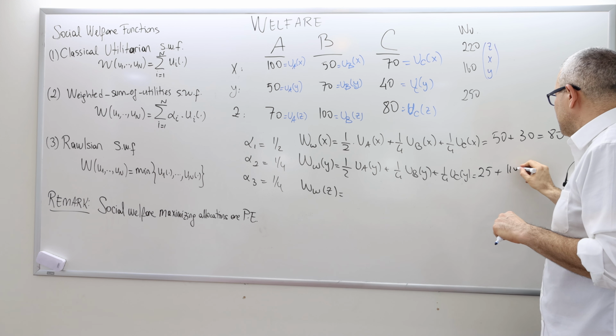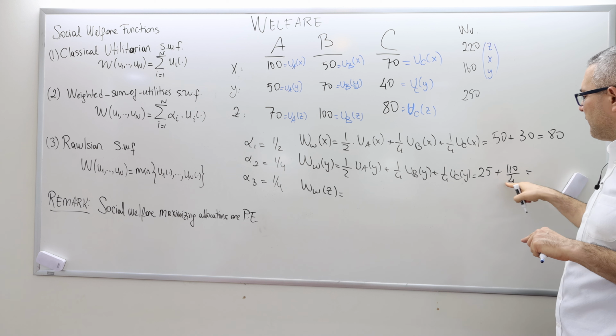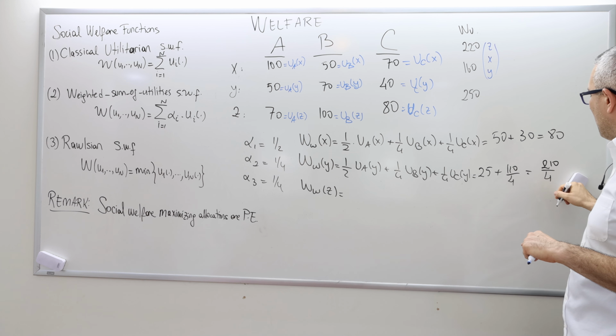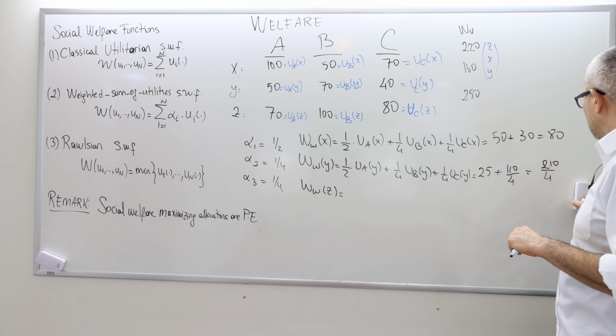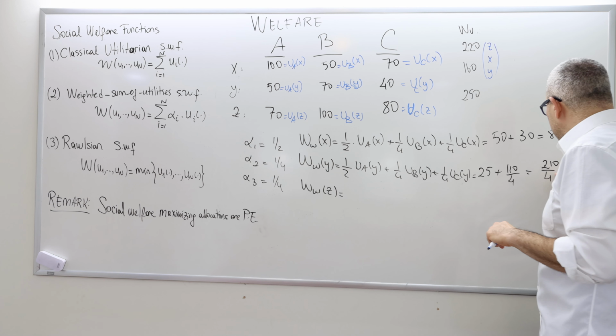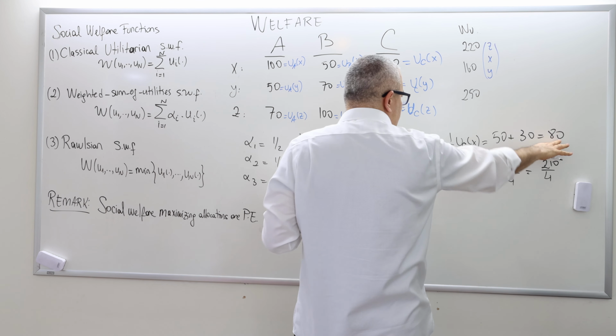Well, let's leave it as such. So if you add them up, this is 25 times 4, 100, so 210 divided by 4. All I know is that this is more than, I can calculate it, but forget about it. So this is more than 50, but less than 60. It's definitely less than 80.